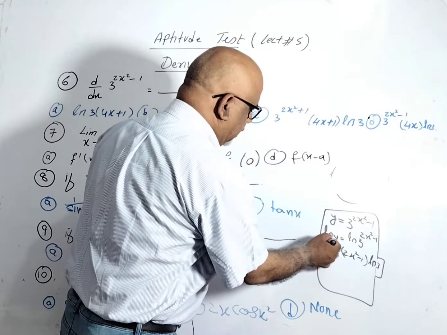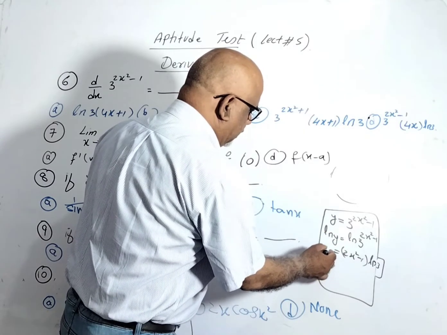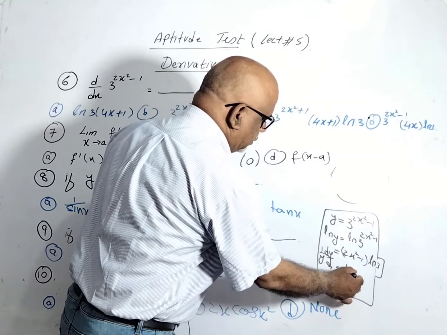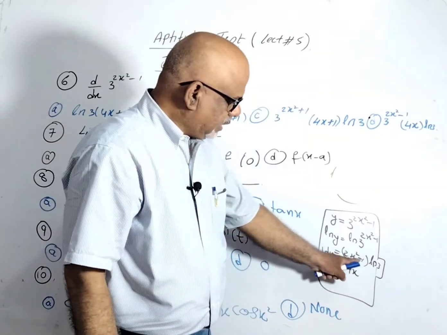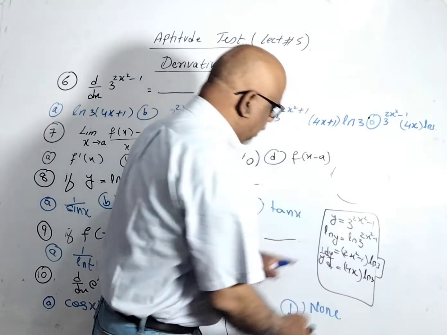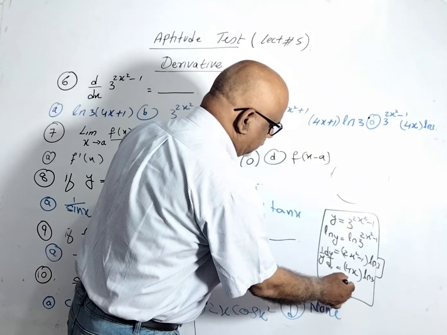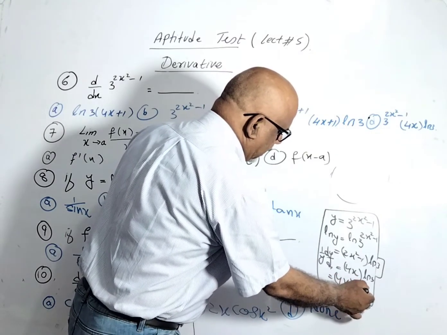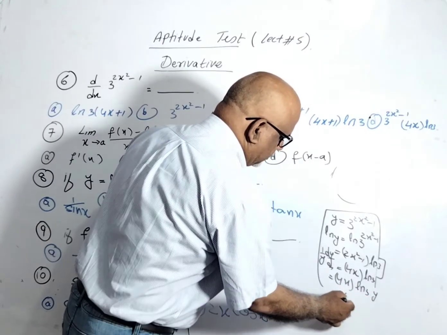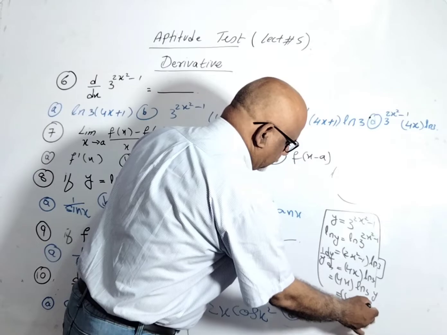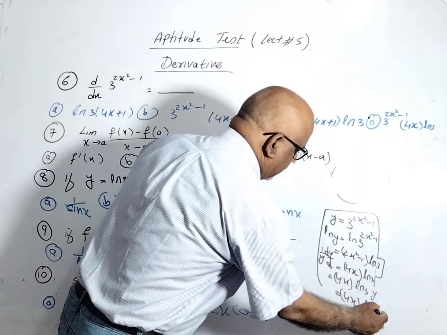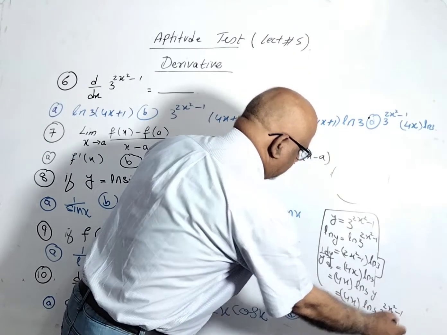So the derivative of ln y will be 1 over y dy over dx, and here this is 4x, because the derivative of 2x square is 4x and the derivative of 1 is 0. ln 3 remains the same, and this y we have to shift to the right hand side, and y is equal to the question here, that is 3 power 2x square minus 1.